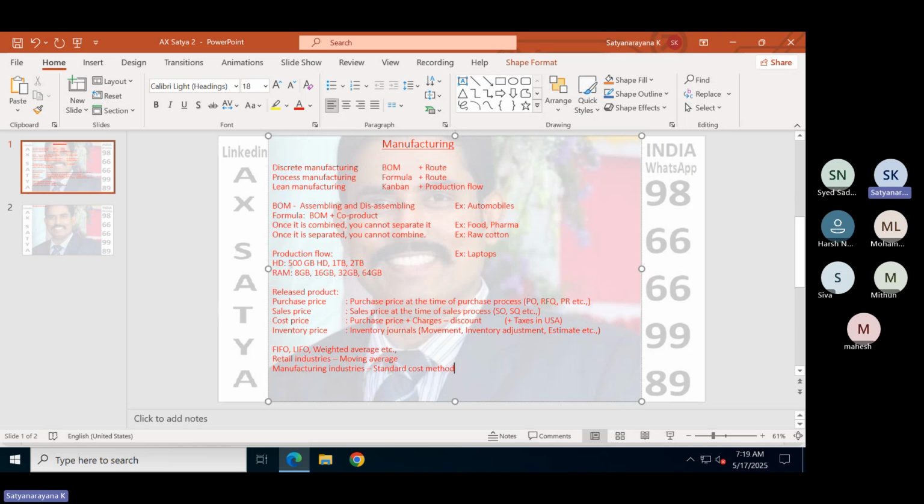There are no restrictions. But you are going to get benefited if you use it like this. There is no hard rule you need to follow. If it is a retail industry, better to use moving average. If it is a manufacturing industry, it's better to use standard cost method.